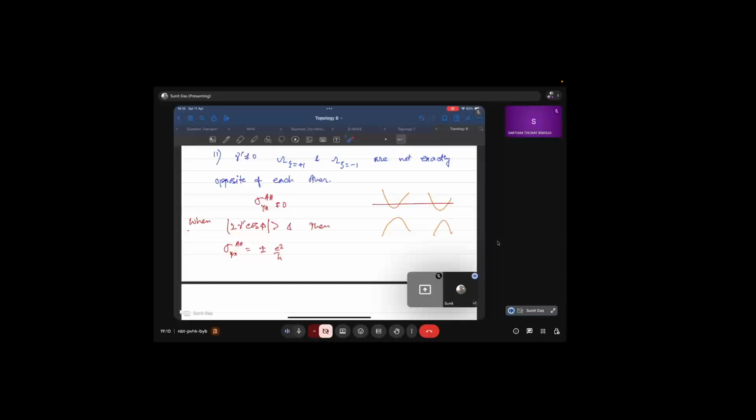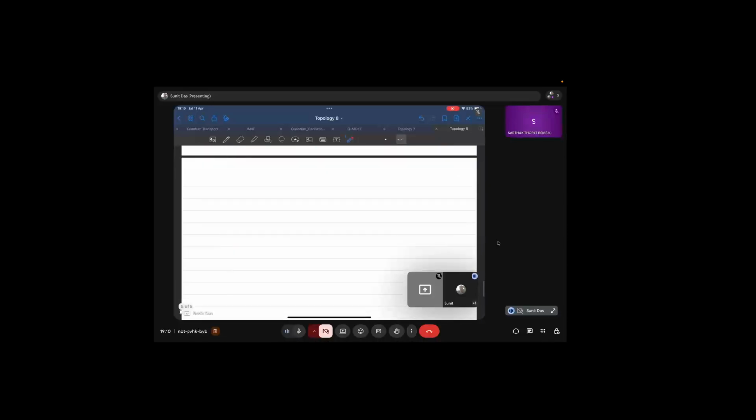So what Haldane originally showed in the parameter space is the following. He plotted, let's say, phi.